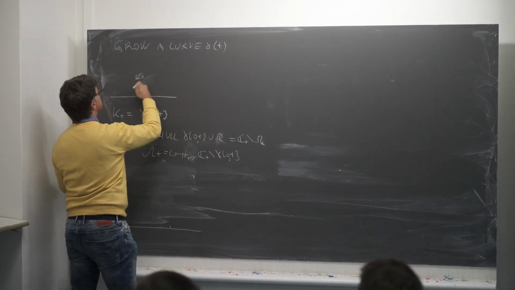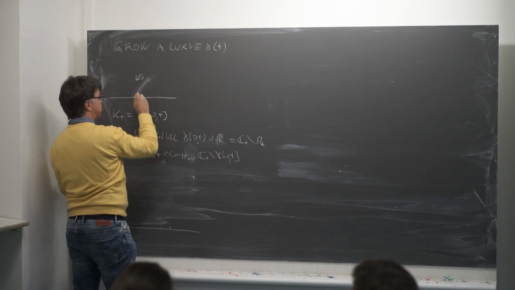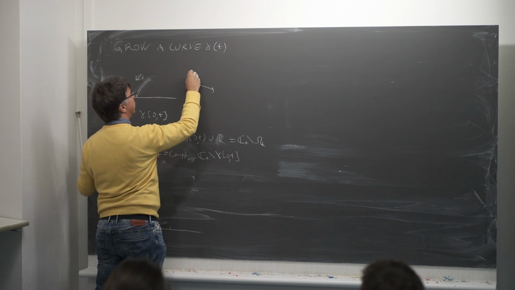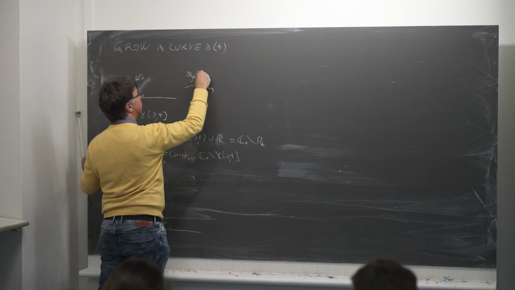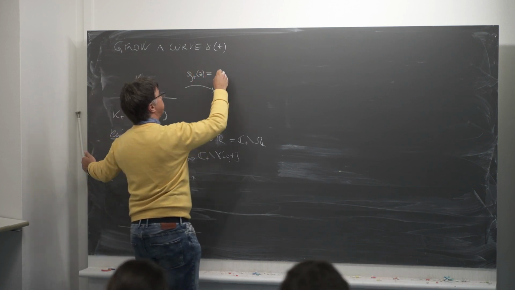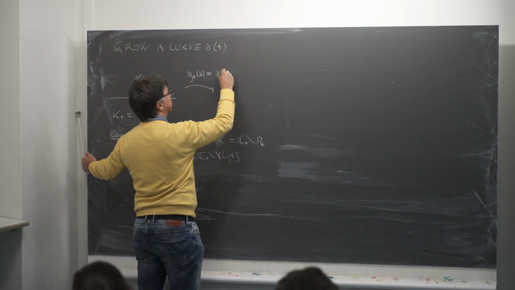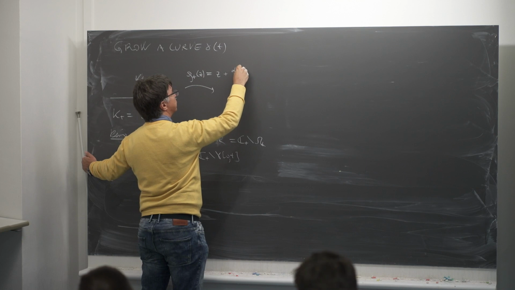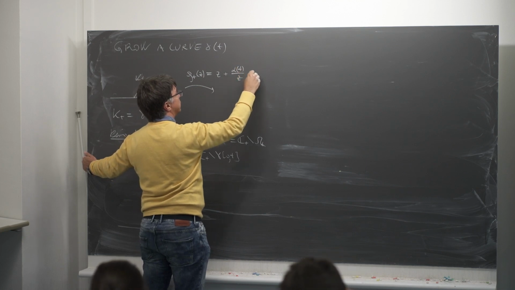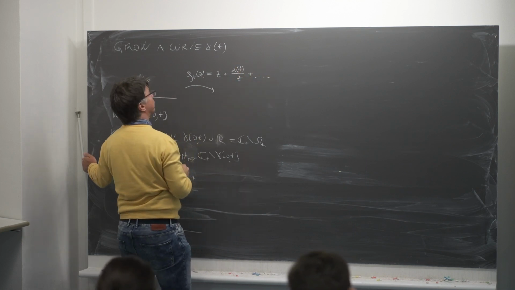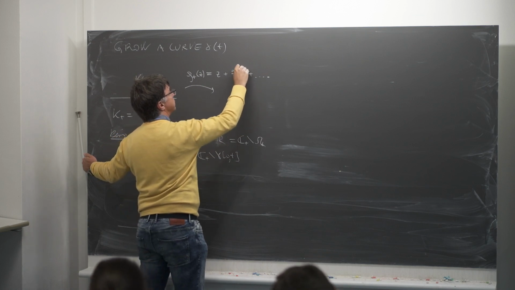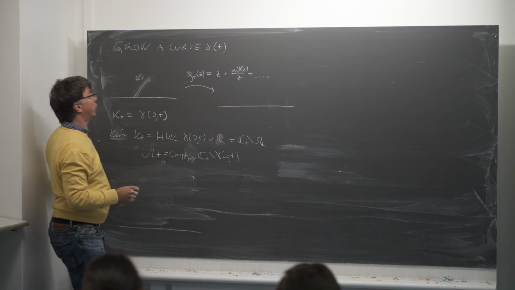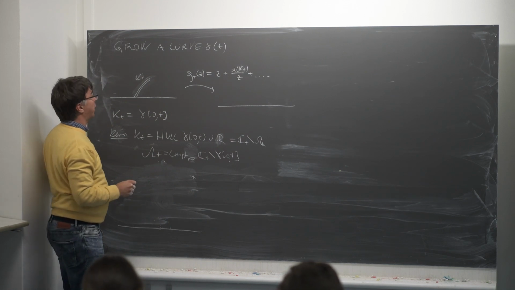Now, let's say K_t, I draw it without difficult things. We have the map g_t of z, which is expanded at infinity as z plus alpha of t over z plus smaller order terms, where alpha of K_t is the capacity. And now there is one more parameter we have.